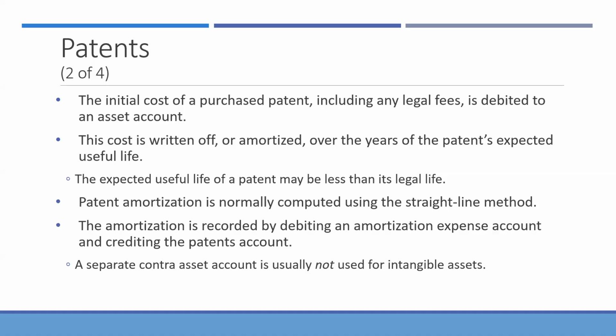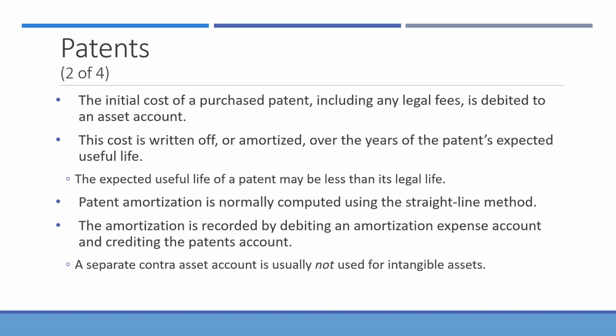It's less than the 20-year legal life, but if our technology is going to be obsolete in 10 years, we have to estimate that and allocate it over that period of time and not the full legal life, because that's when we're going to make the revenue.